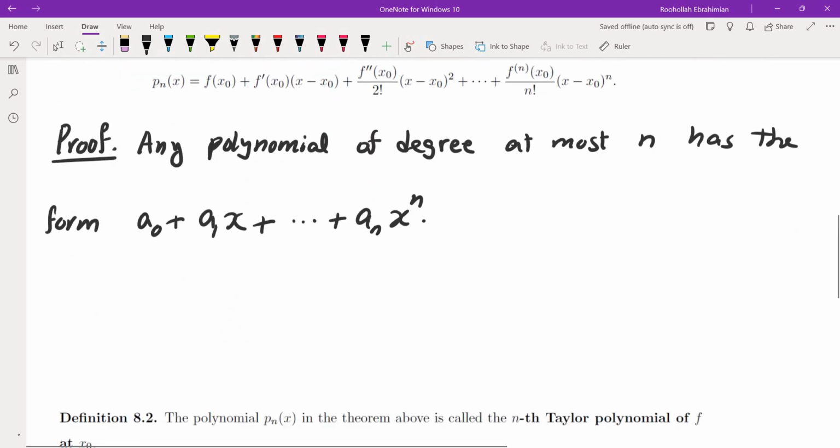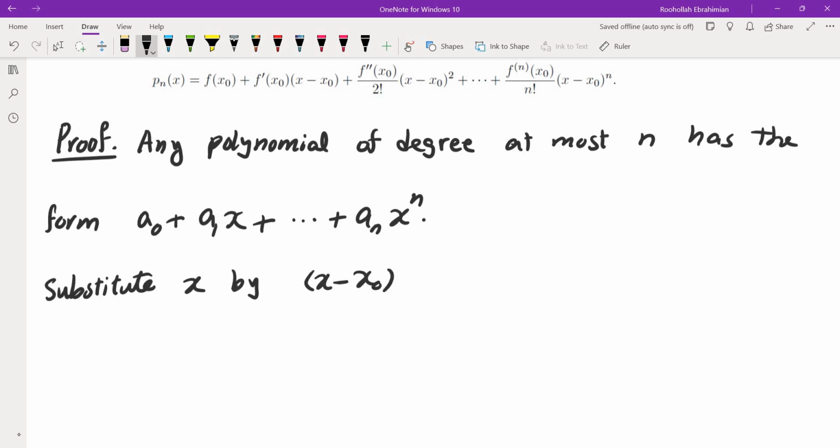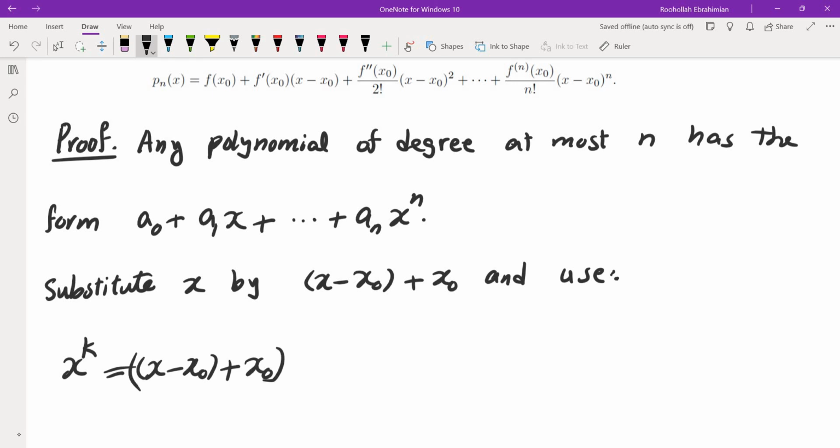However, substitute x by x minus x0 plus x0. So when you have x to the power of k, replace it by x minus x0 plus x0 and then raise it to the power of k.